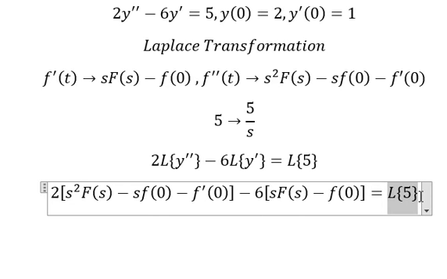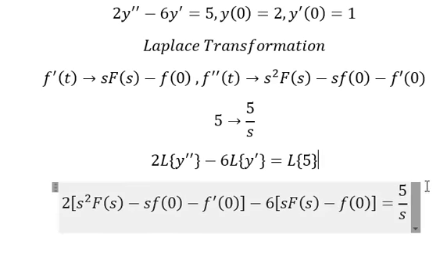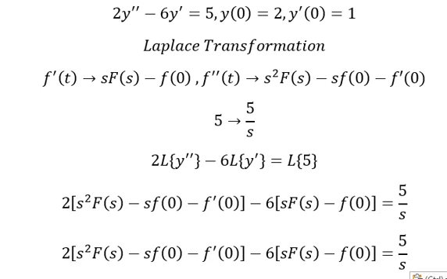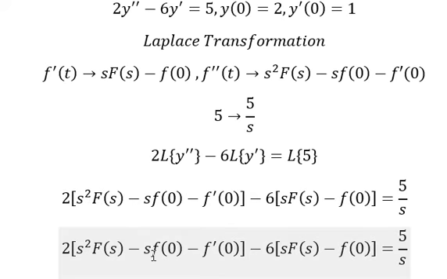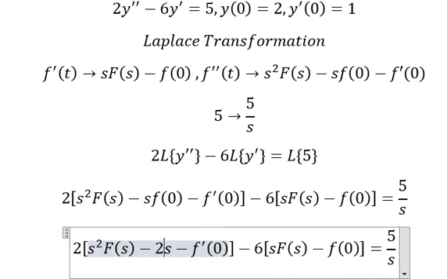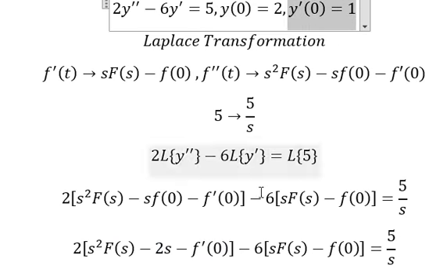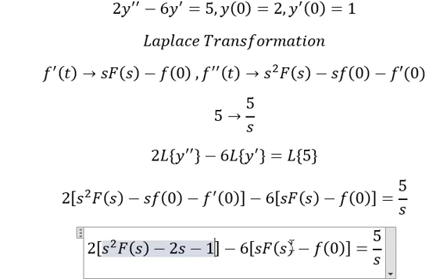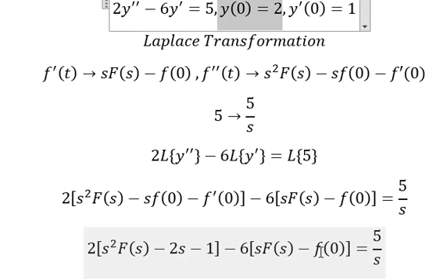And this one we have 5 over h. So f of 0, that's y0 in here, equals number 2. So we put number 2 in here. This one that is about this one, so we put number 1. This one that is about this one, so I will put number 2.